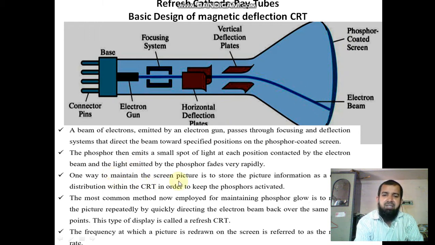One way to maintain a screen picture is to store the picture information as a charge distribution within the CRT in order to keep the phosphor activated. The most common method now employed for maintaining phosphor glow is to redraw the picture repeatedly by quickly directing the electron beam back over the same screen points.